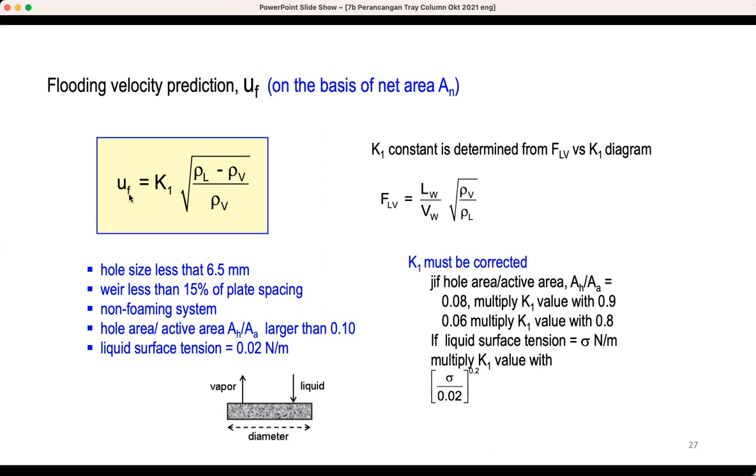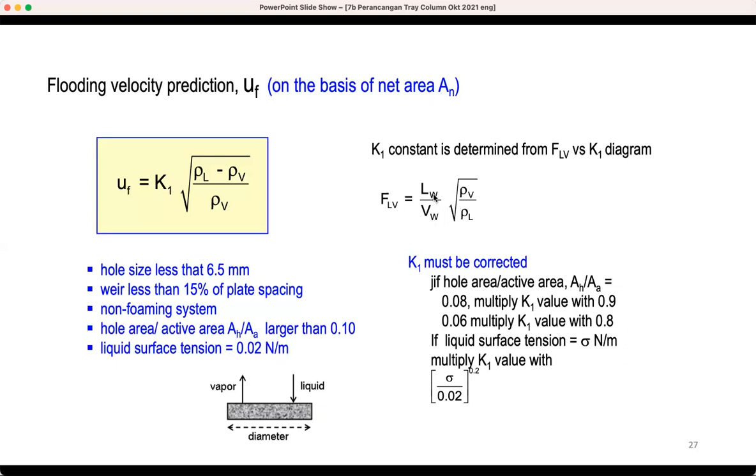So UF is defined by K1 times the square root of (rho L minus rho V) over rho V. Rho L is the density of the liquid, rho V is the density of the vapor, and K1 is a constant which is determined from a factor called FLV, and then we check it in the K1 diagram. FLV is defined as LW over VW times the square root of rho V over rho L.